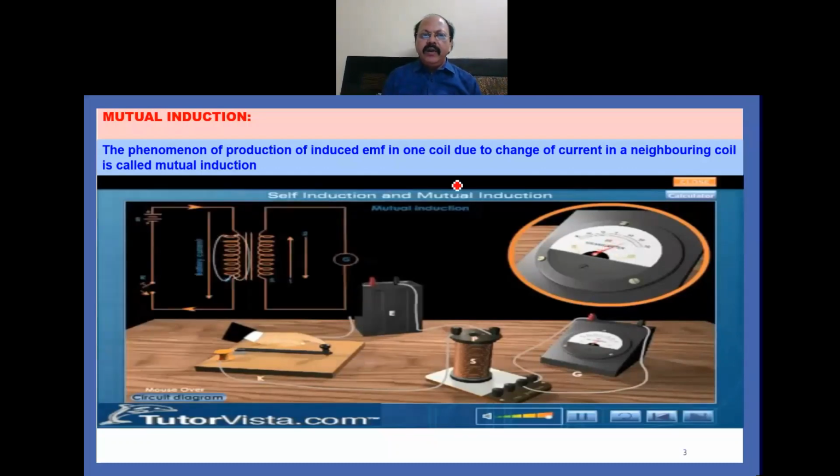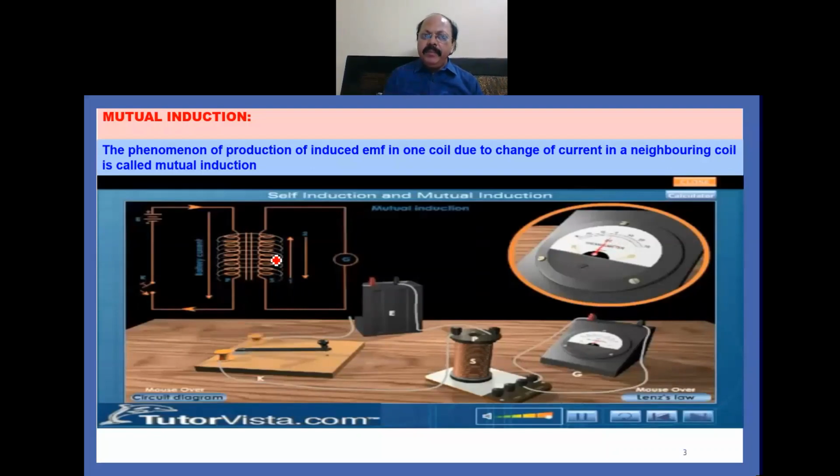You can see in the diagram, current is flowing through the primary coil, so the magnetic flux linked with the primary coil increases. Since the secondary coil is near to the primary coil, the magnetic flux linked with the secondary coil also increases and an EMF is induced, hence a current is also induced, whose direction is given by arrow 1. When we release the key, what happens?